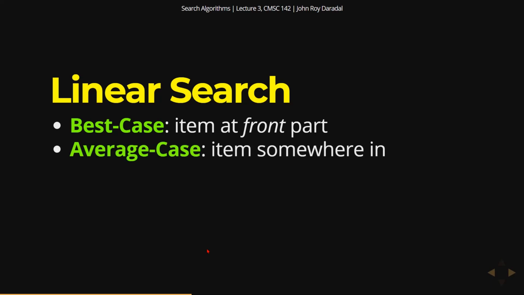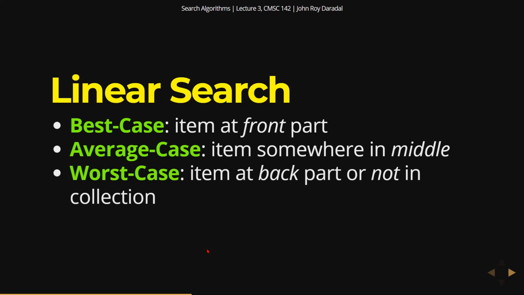At the average case, the item could be somewhere in the middle, but it's not necessarily exactly in the middle, but in the middle area. Okay, that's the average case. And the worst case is if the item is at the back part or not in the collection at all, because then you would have to traverse the whole list to go to the back part, or to find out that you have reached the back part and it doesn't even exist. Okay, so that's the worst case.